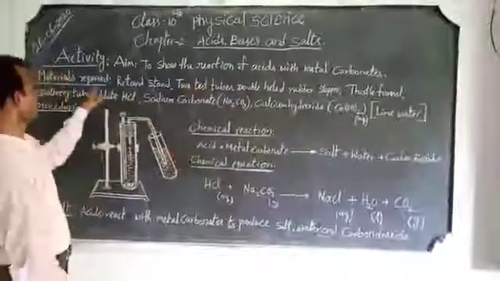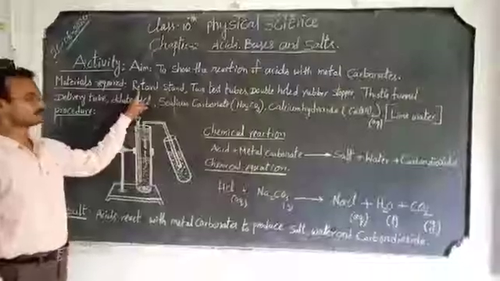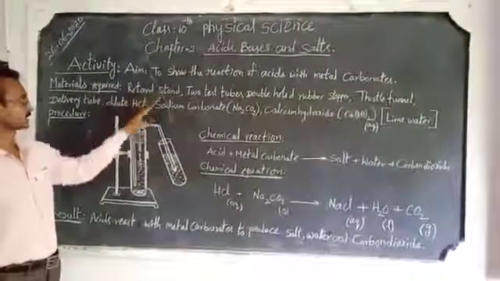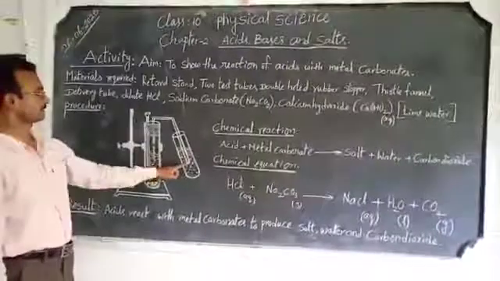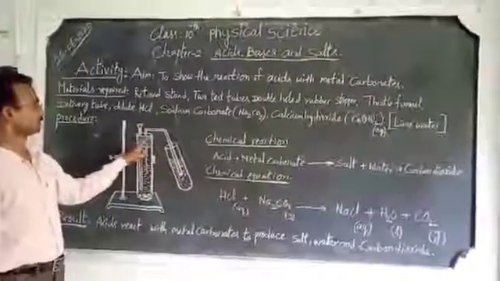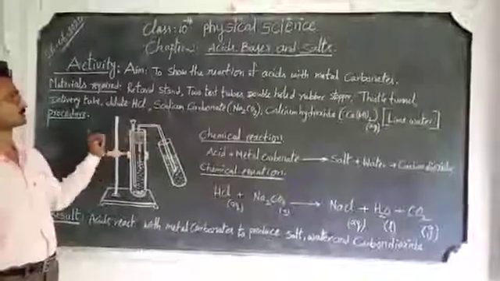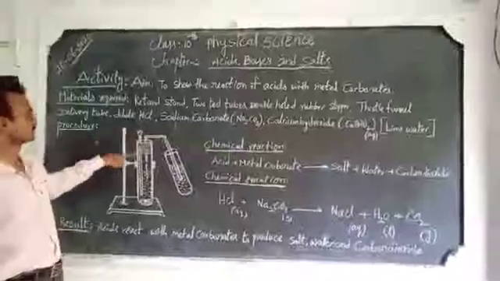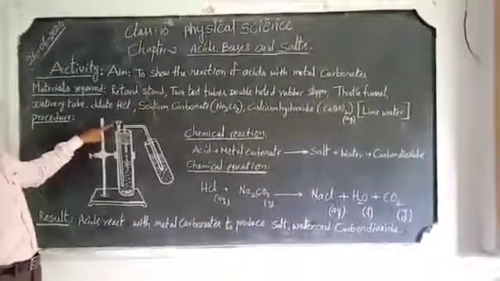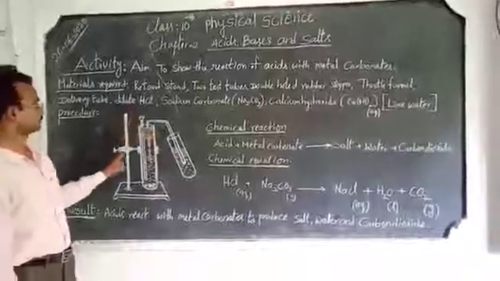The materials required for this activity are a stand, 2 test tubes, a double-holed rubber cork, the rubber stopper having 2 holes, and a thistle funnel. This funnel is known as a thistle funnel. And a delivery tube, and dilute hydrochloric acid.